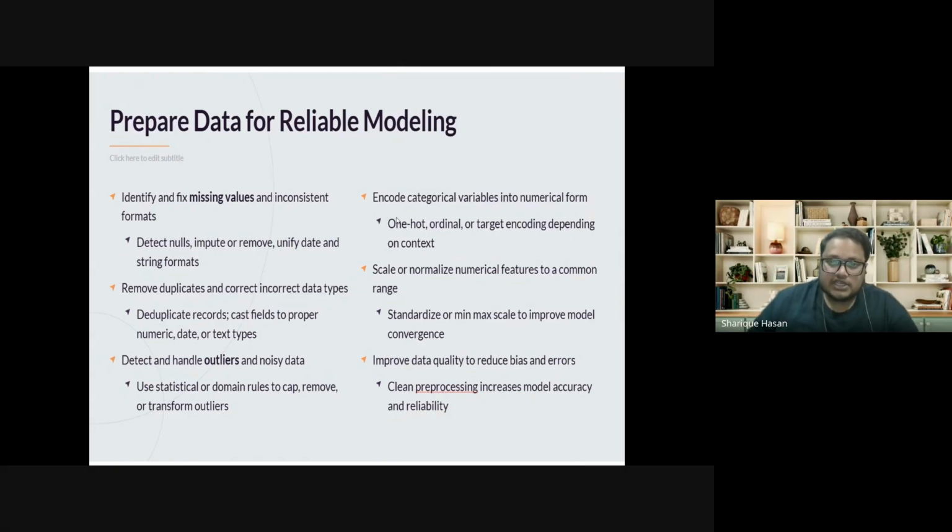The fourth point is to encode categorical variables into numerical form, using one-hot, ordinal or target encoding depending on context. The next point is to scale or normalize numerical features to a common range.